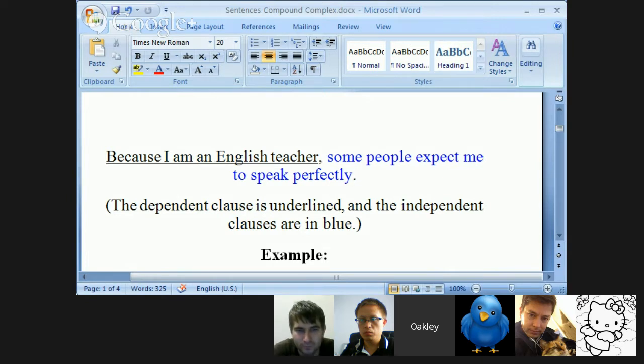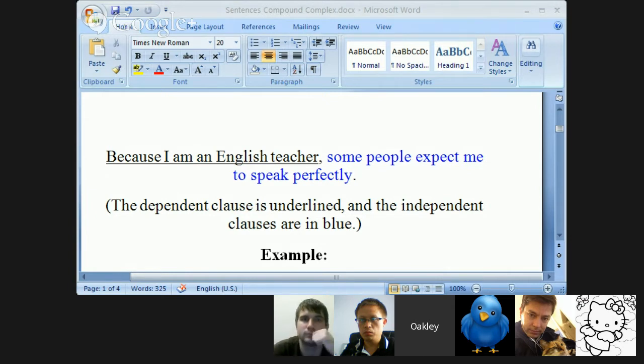That's right. I have one dependent and one independent clause. This is a perfect example of a complex sentence. Okay? This is what we call a complex sentence, when we have at least one independent clause and one or more dependent clauses. So that's a complex sentence.